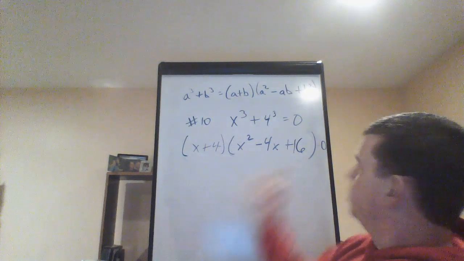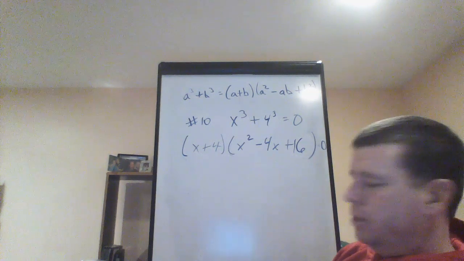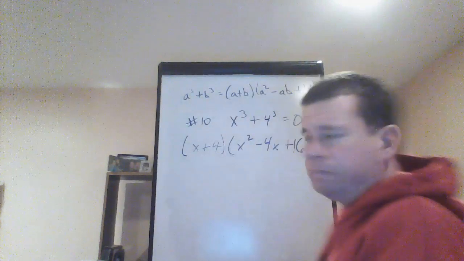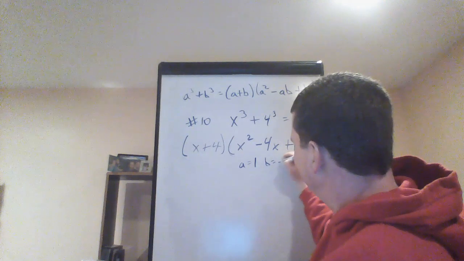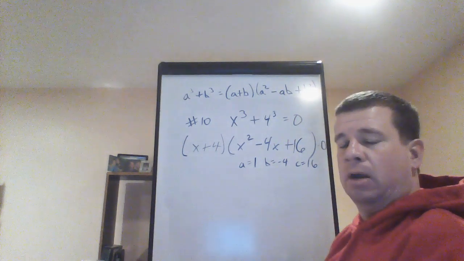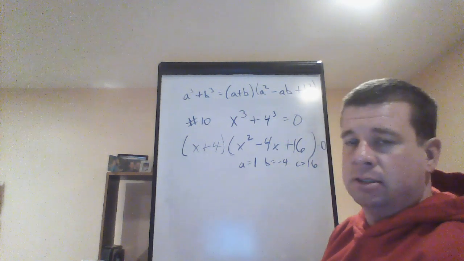So we're going to have to use the quadratic formula. In this case, a is 1, b is -4, and c is 16.